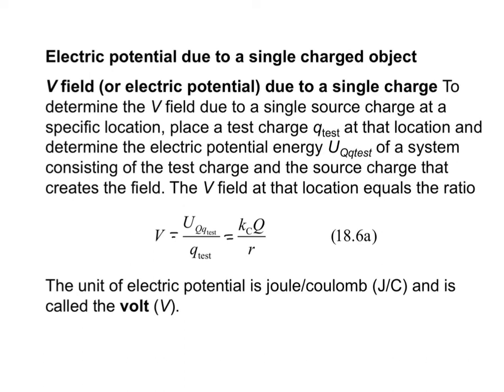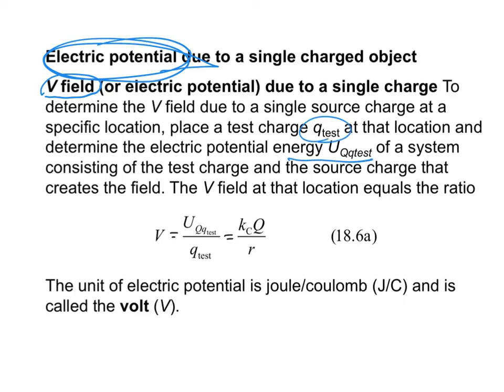The electric potential, not potential energy, but electric potential due to a single charged object is known as a V field, for voltage. It's actually the definition of voltage. So that's why they use the term V field instead of an E field. Due to a single source charge at a specific location, we've placed a test charge at that location.